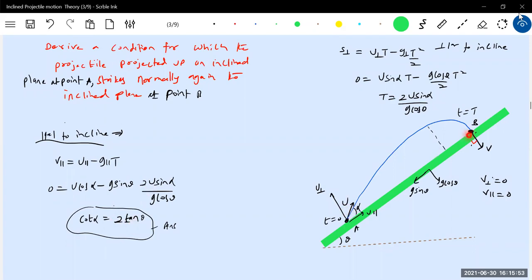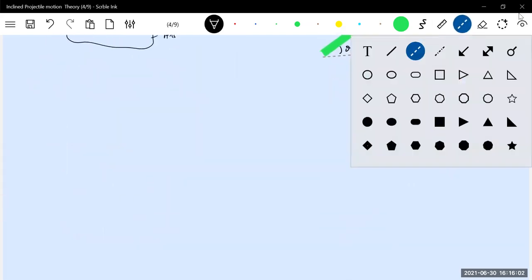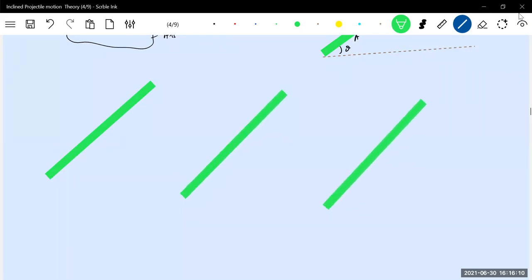Sir, what are all the possibilities here? If you project a projectile up the incline, what are the possibilities? Altogether, there are 3 possibilities.